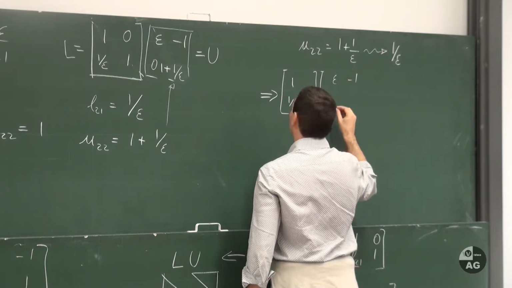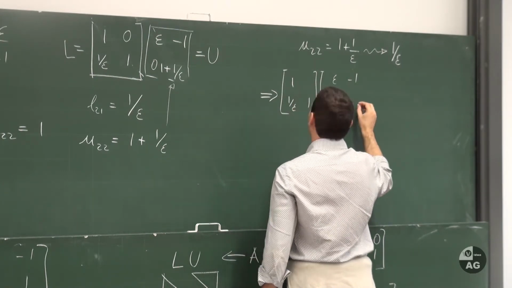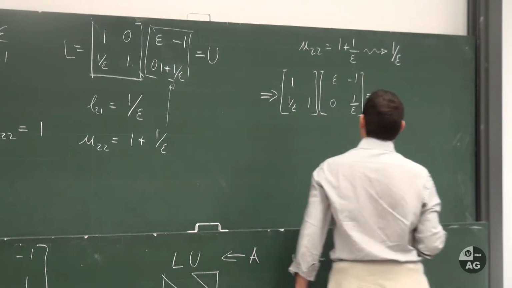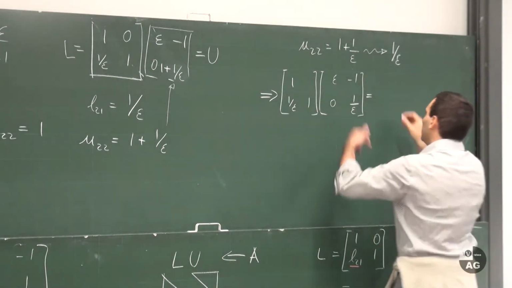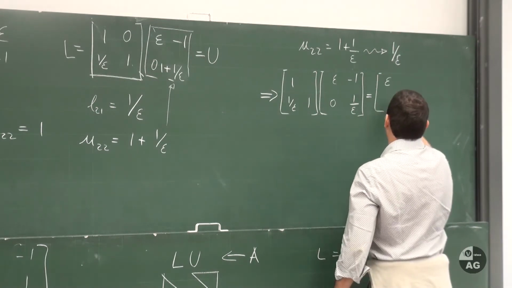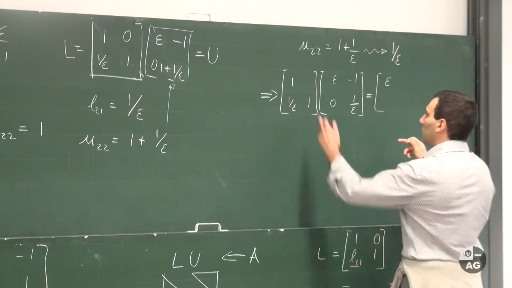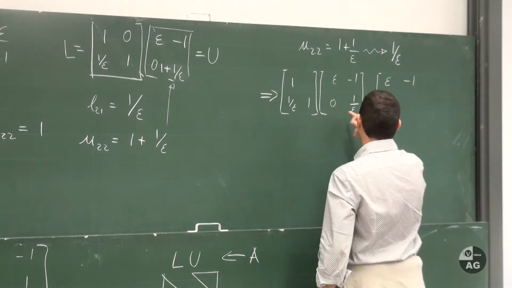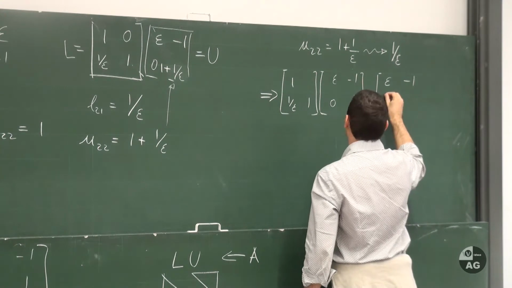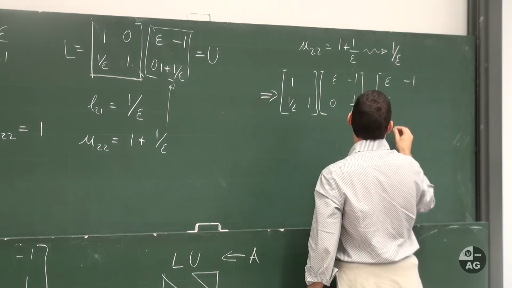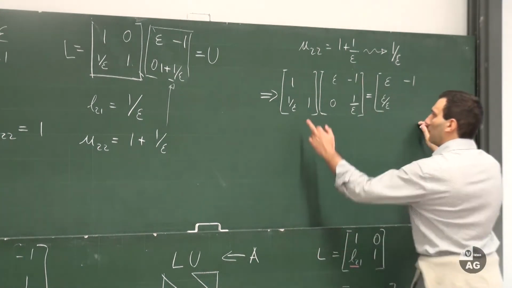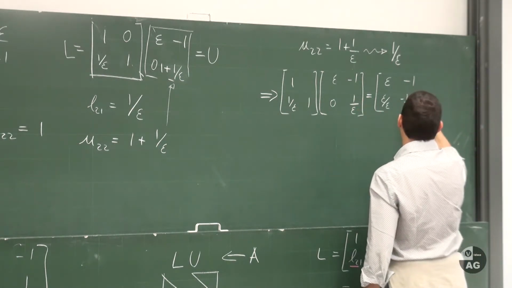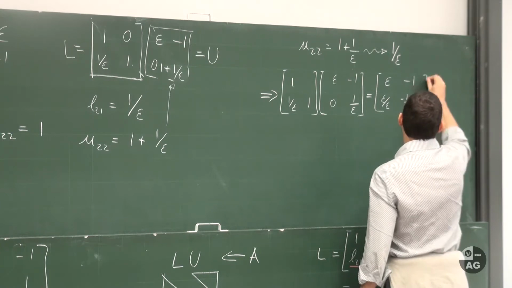Epsilon, minus 1, 0, and 1 over epsilon. Okay, I haven't changed anything up there, so I assume that everything is still fine. Minus 1. I haven't changed anything here. It's epsilon over epsilon. So it's 1. And over here it's minus 1 over epsilon plus 1 over epsilon.